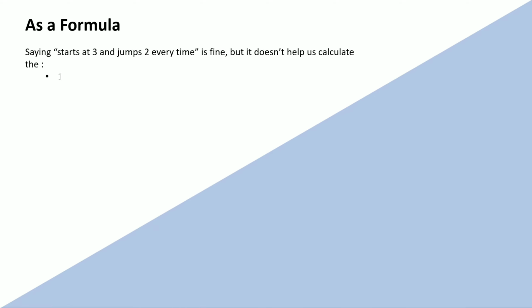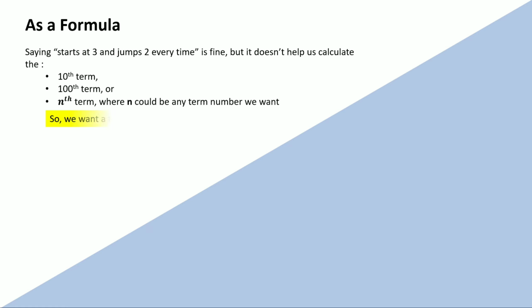Saying start at 3 and jump 2 every time is fine, but it doesn't help us to calculate the 10th term, 100th term, or nth term, where n could be any term number we want. So, we want a formula with n in it, where n is any term number.